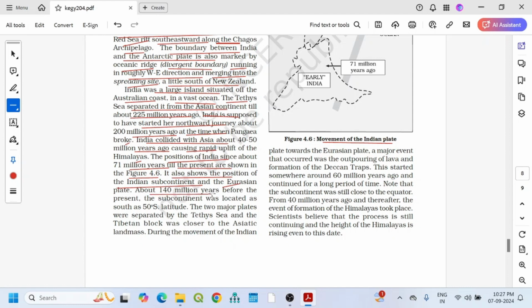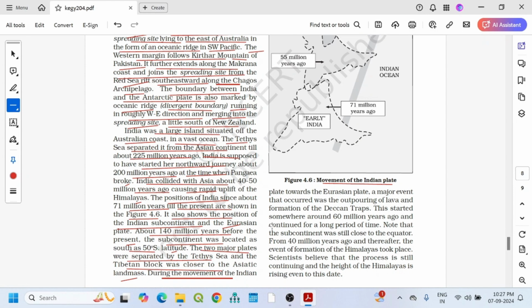About 140 million years before the present, the subcontinent was located as far south as 50 degrees south latitude. The two major plates were separated by the Tethys Sea, and the Tibetan block was closer to the Asiatic landmass. During the movement of the Indian plate towards the Eurasian plate, a major event that occurred was the outpouring of lava and formation of the Deccan Traps.